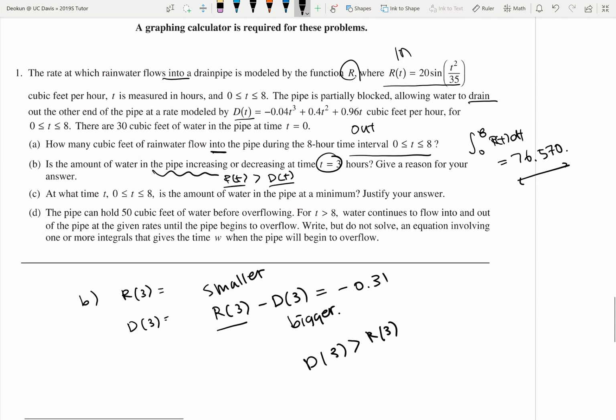So you write down D(3) is greater than R(3), therefore more water is drained out. Or no, we have to be more specific than that. We'll say the amount of water is decreasing.